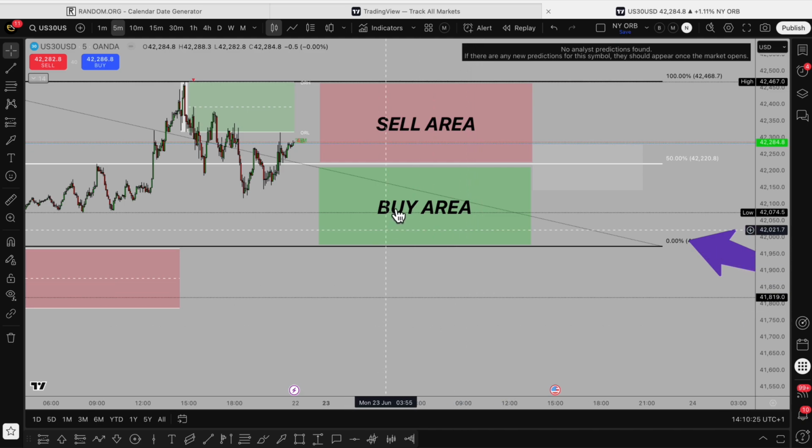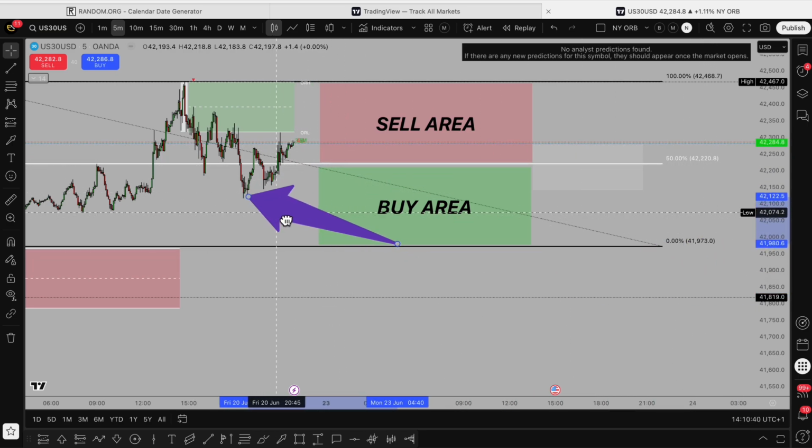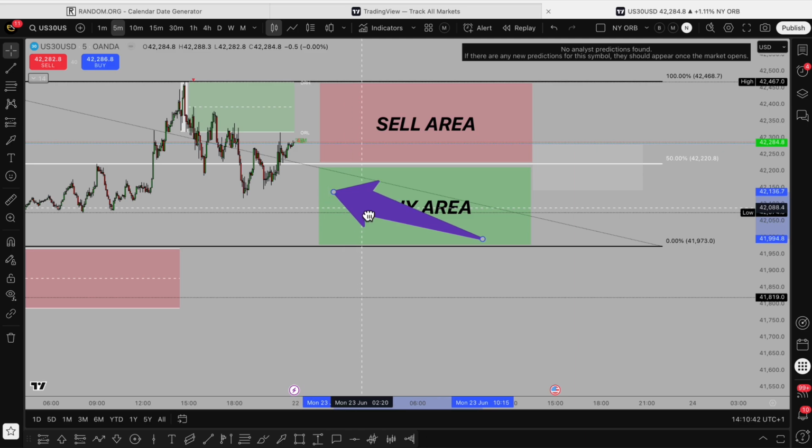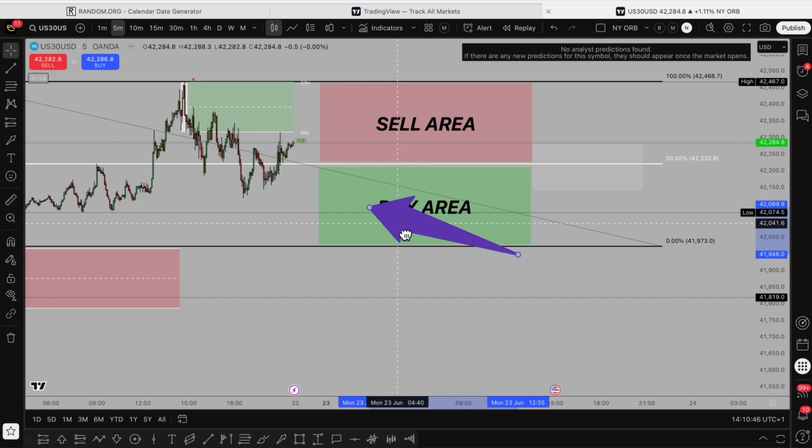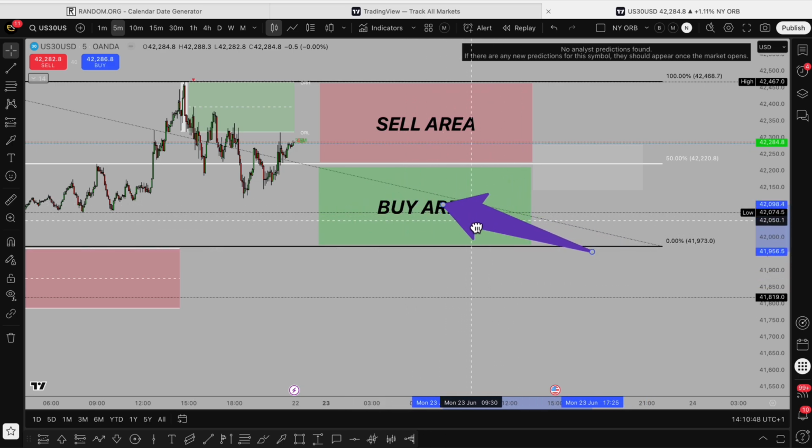You definitely don't want to be selling when you're down here, and you don't want to be buying when you're up here. You're putting yourself at a disadvantage. If the market comes down here and breaks this structure here, lots of people will go in short, but they're in a discounted area. This is where you want to be buying.